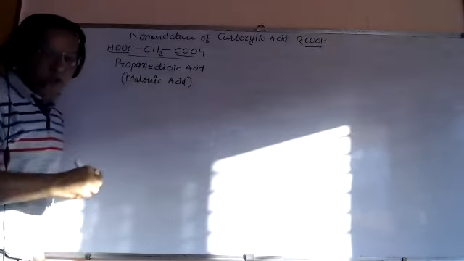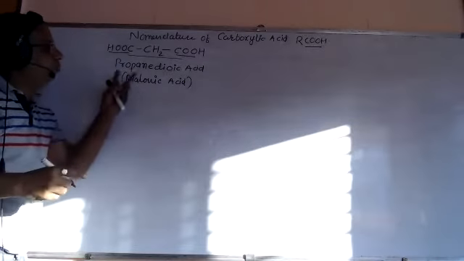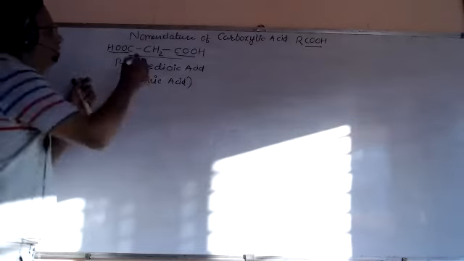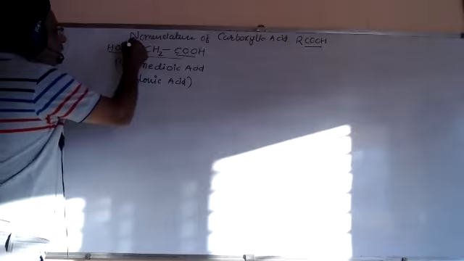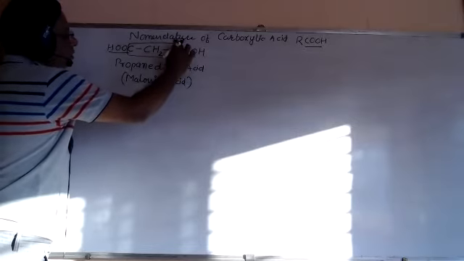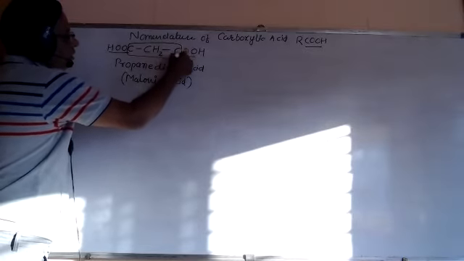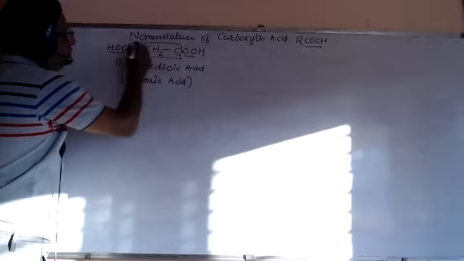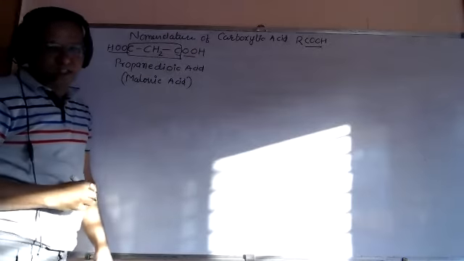Common name is written in the box, and the IUPAC name propane for 3 carbons, and COOH 2 times is dioic acid.